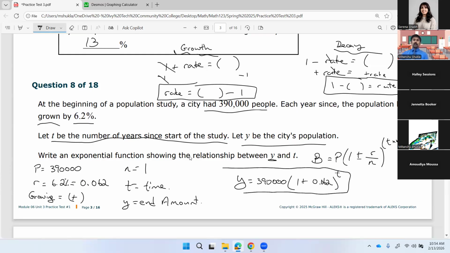Sometimes they want you to add that, so be careful. Go ahead and add that 1 plus whatever your rate is, if that happens to be the case. Okay. Any questions, comments, concerns about how I organized my information and built the exponential model?